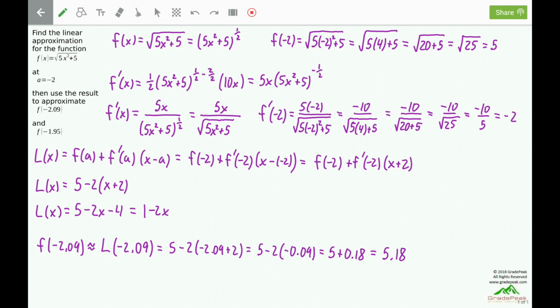Next, we will approximate f of negative 1.95. And this will be approximately equal to L at negative 1.95.